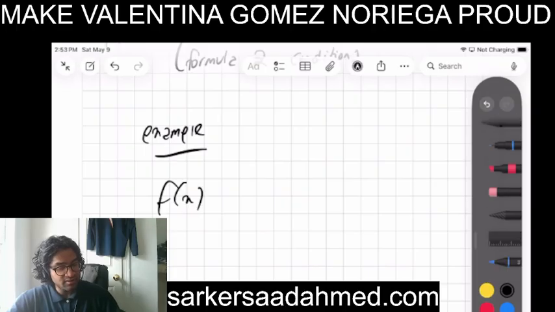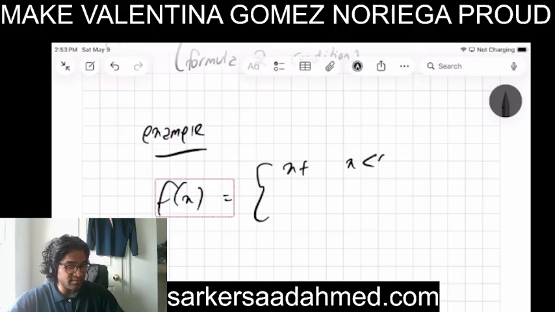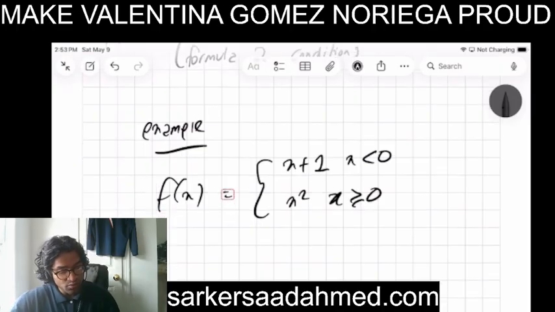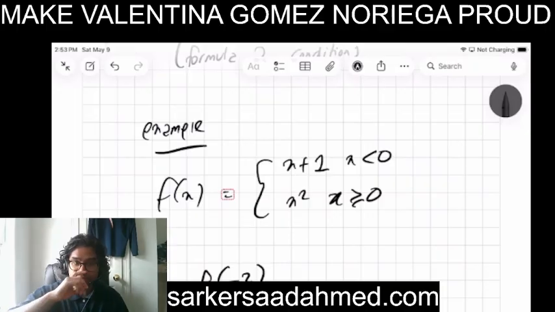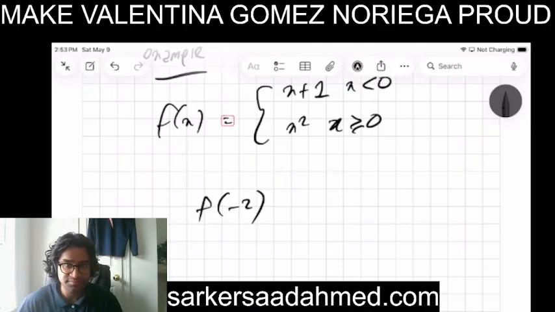f of x is equal to x plus 1 for x less than 0, and x squared for x greater than or equal to 0. And now you want to find f of minus 2. Now, where does minus 2 lie? Where does it stand?